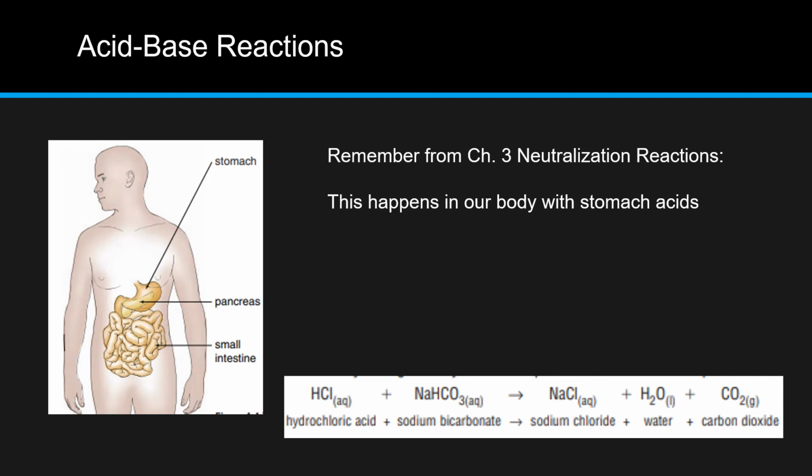Or when we eat spicy food and it's upsetting our stomach, we can balance out that acid-base reaction in our bodies. This can also be applied to the environment to counteract some of this acid precipitation though.